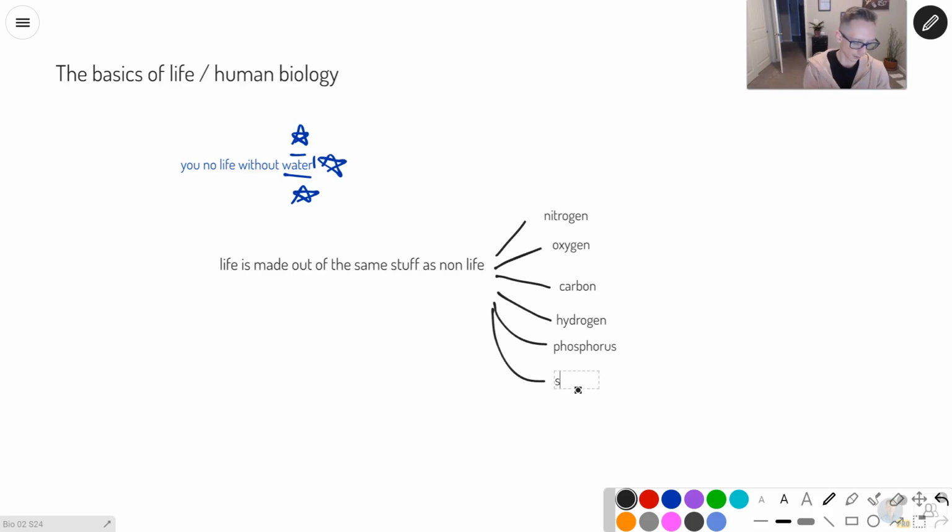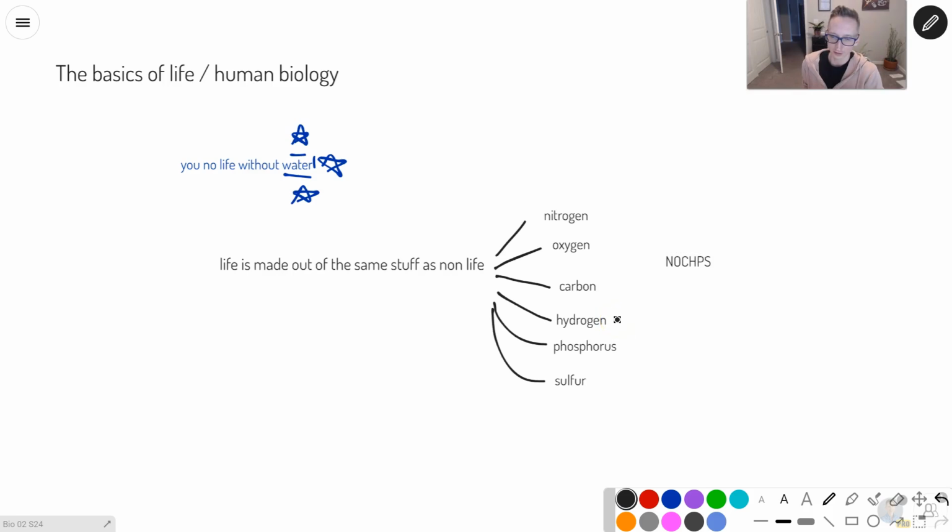These are the main things that life is made out of. And why did I write them in this way? NOCHPS. Oh, it looks like "no chips." That's how you can remember it. No chips: nitrogen, oxygen, carbon, hydrogen, phosphorus, sulfur.